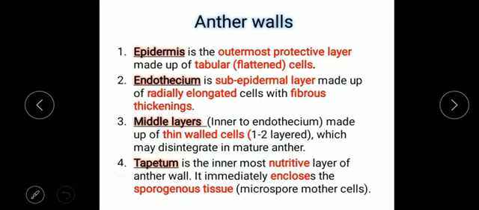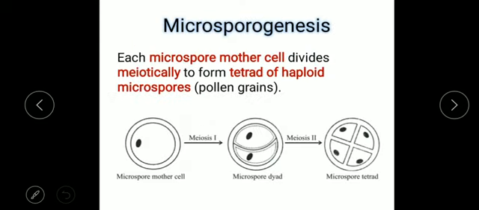And finally the last layer is the tapetum, which is the innermost layer. Its main function is to provide nourishment to the inner sporogenous tissue.